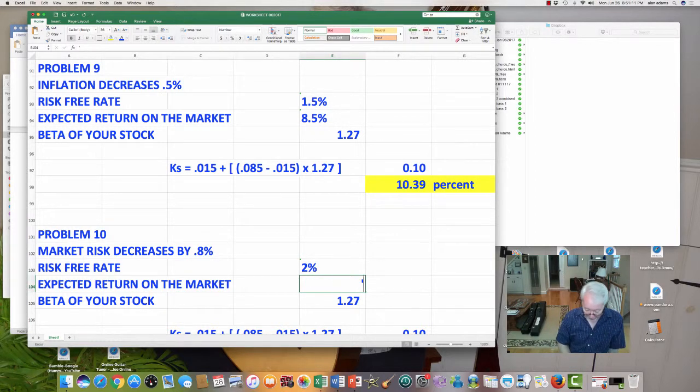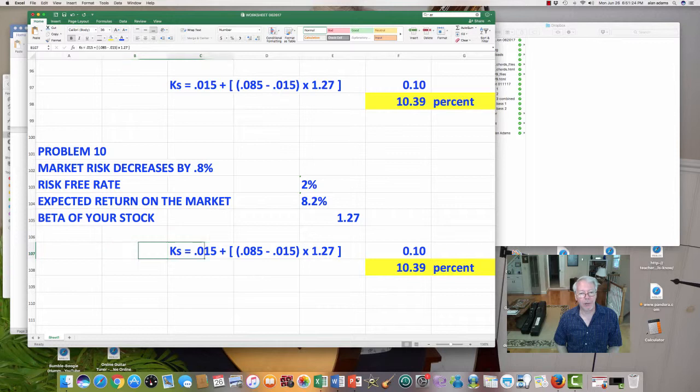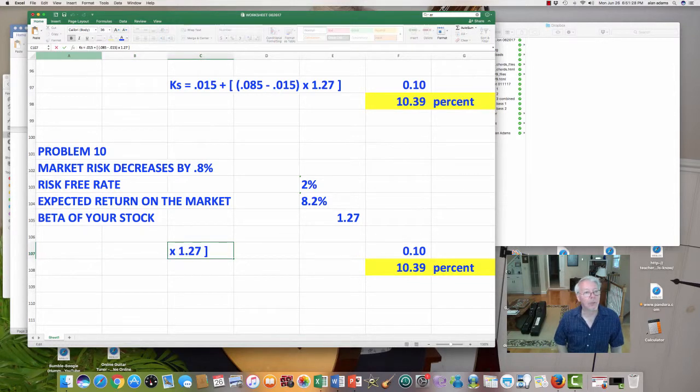So instead of 9%, that's going to be 8.2%. And that's it. So now what I'm going to do is recast my equation. I'm going to change that back to 2% because my inflation rate is where it originally was. This number becomes 0.082.